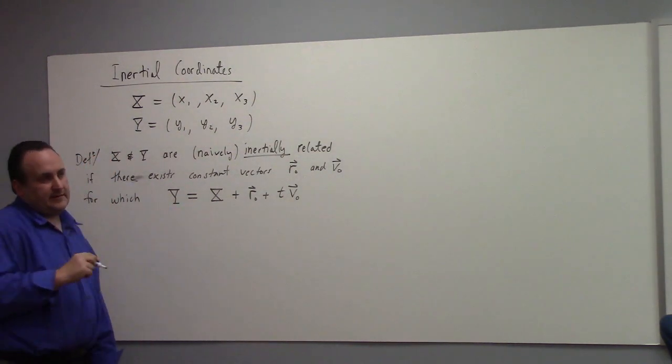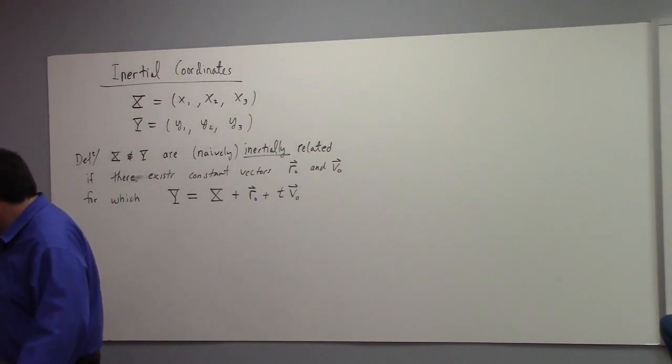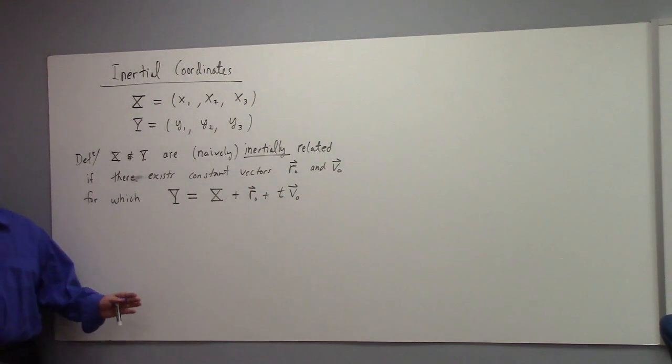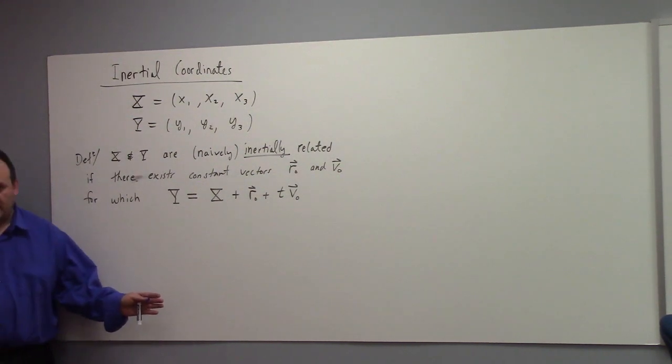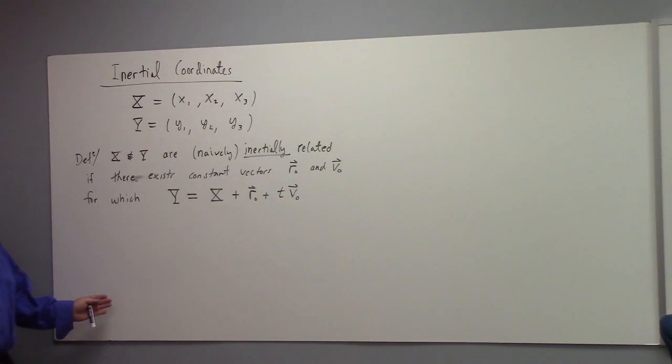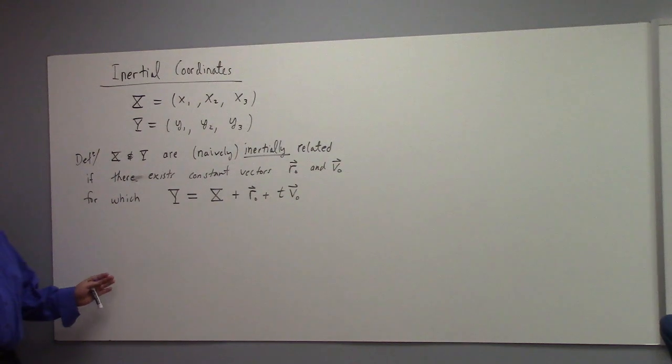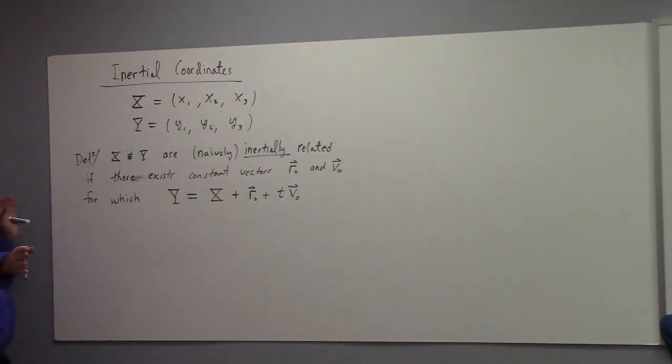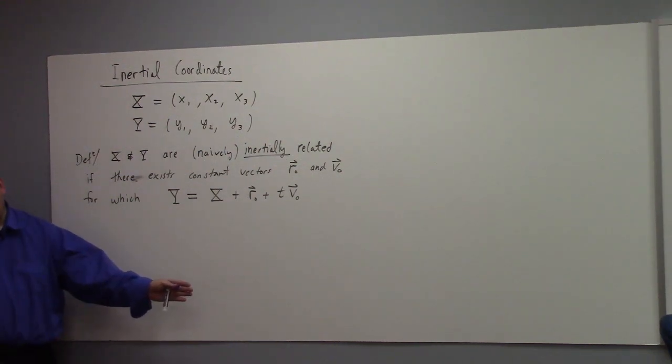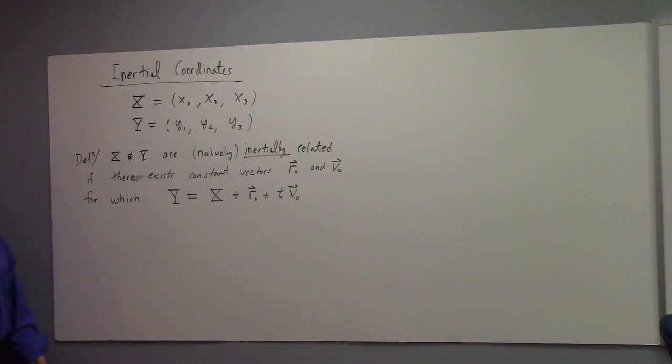Like, for example, if I take the system of coordinates based in the corner of this room and I just take that system of coordinates and I rotate 45 degrees, like that, all right? And I'm not saying in a timely sense, I'm just saying once and for all, rotate the coordinates so that you've got rotated coordinate systems like that, right? There's a fixed rotation matrix that will take you from the original system of coordinates to the rotated one. Those coordinates are also said to be inertially related.